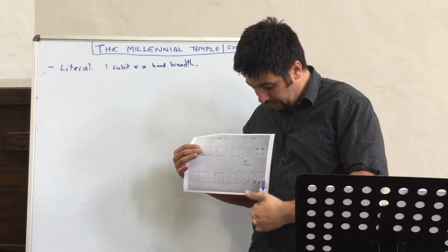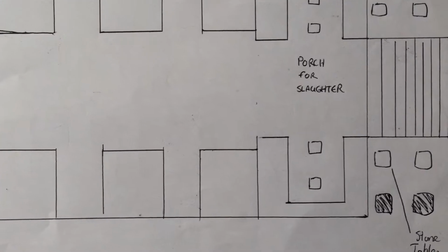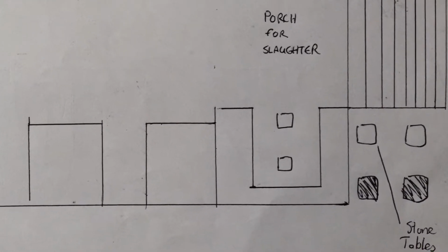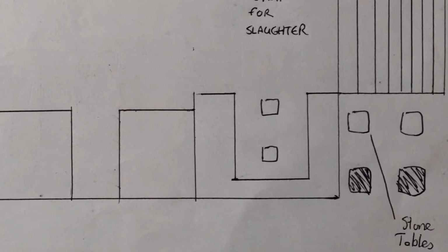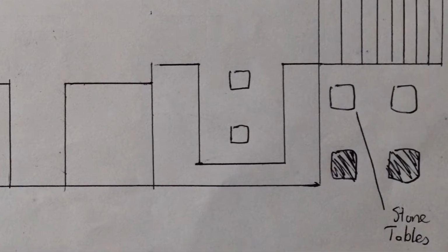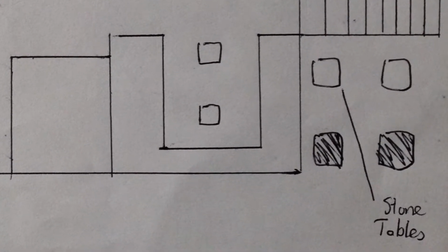So here you'll see on either side there are tables. And these tables are for slaughtering animals, and they're also for putting instruments down, for the slaughtering of animals for sacrifices. And we'll look at sacrifices soon.